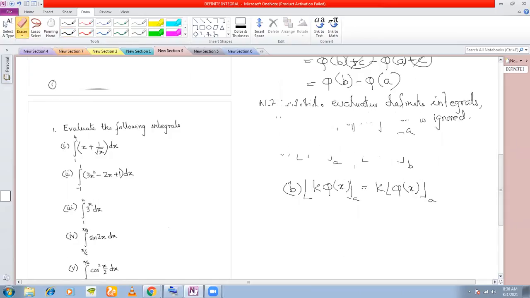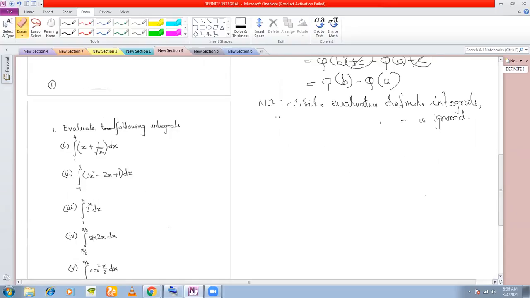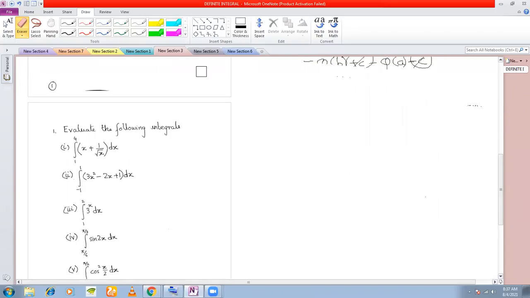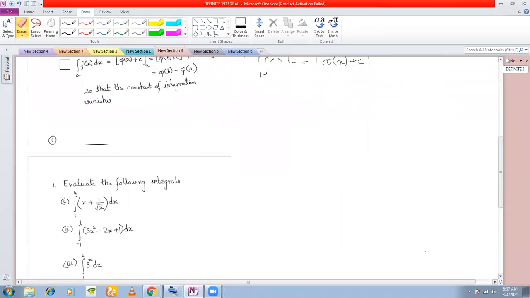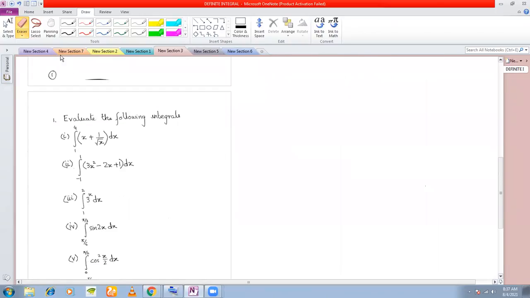Let's see now the problems on definite integrals. Very simple, small problems. First one: you are given the integral from 1 to 4 of x plus 1 by root x. Without the limits, let us first integrate.